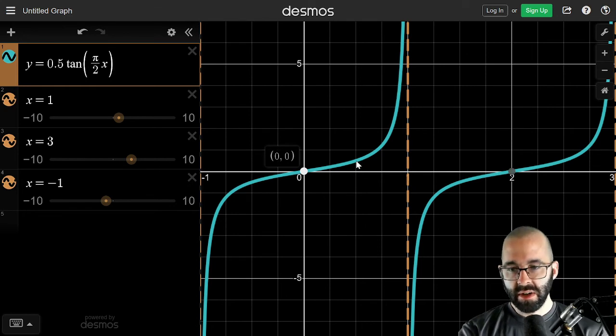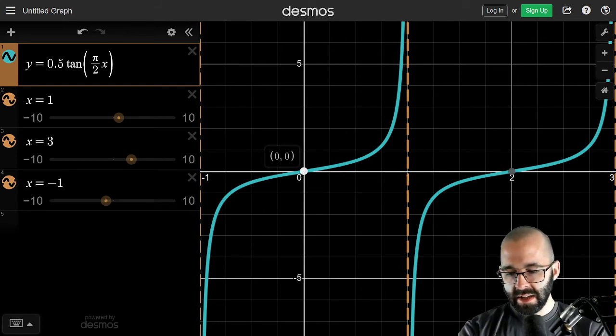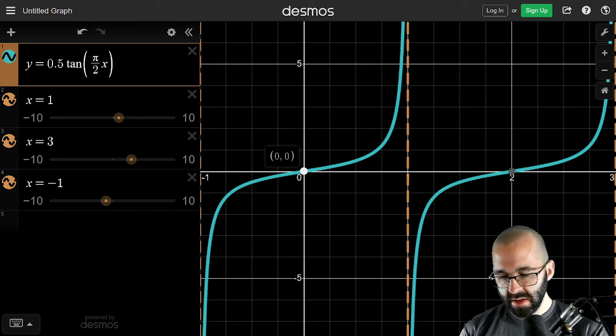So let's start at 0. Start right here, and let's use a different color. And then the asymptote is at positive 1. Let's say positive 1 is right here, and this is 2, and that's 3.